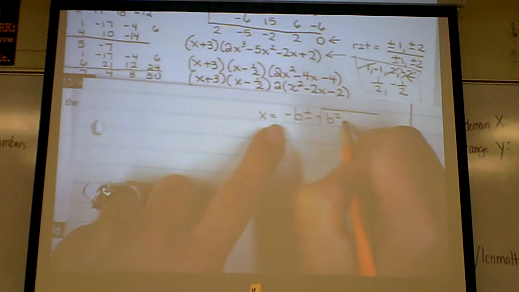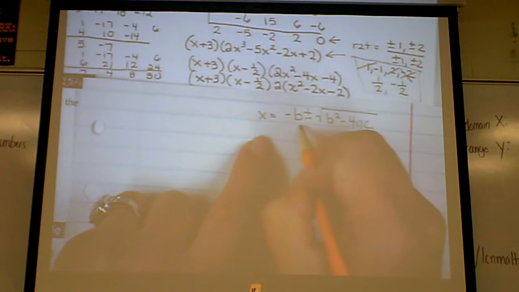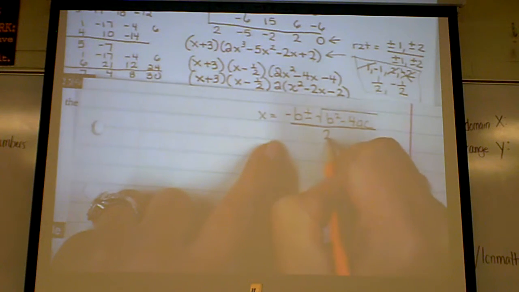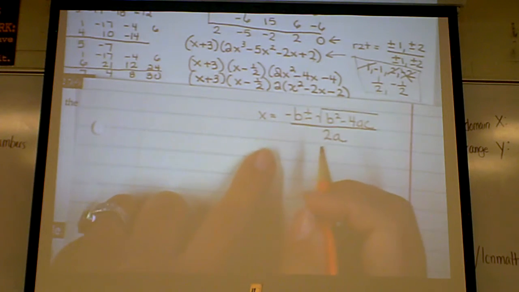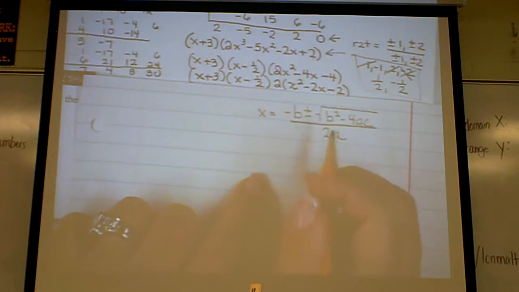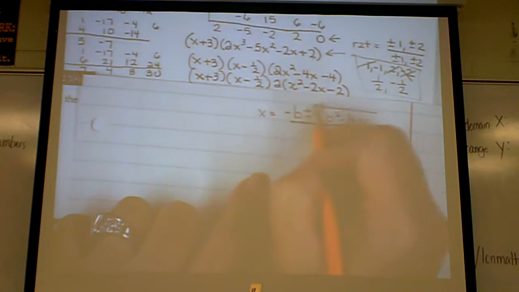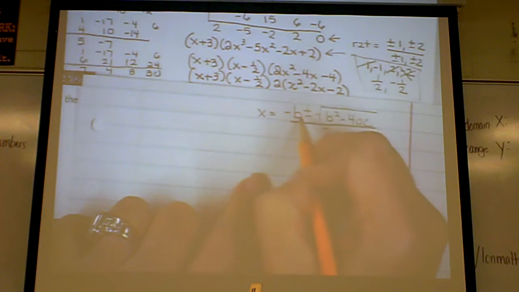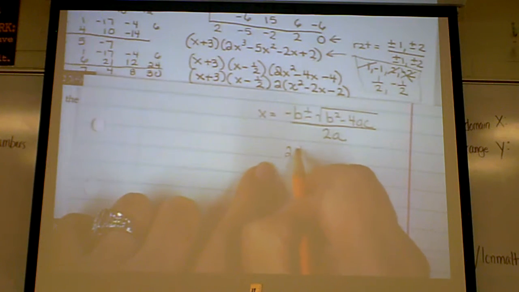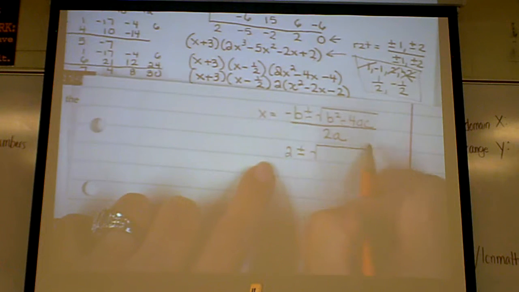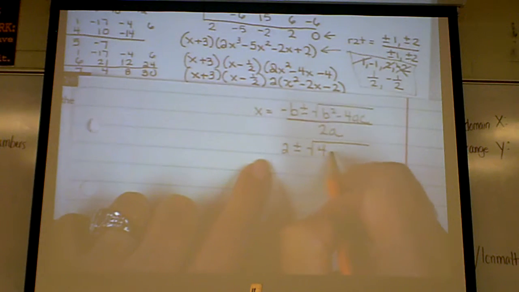Yep, a lot of work. There will be one in only one of these. So, the opposite of -2 is 2. -2 squared is 4. A is 1 and C is -2.